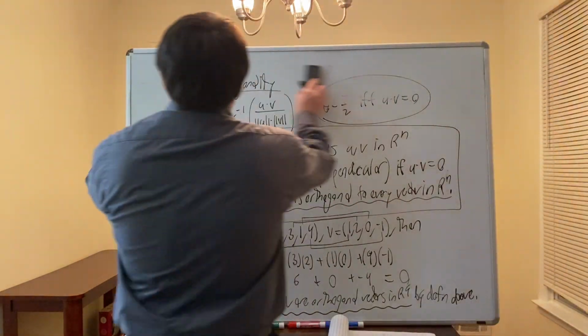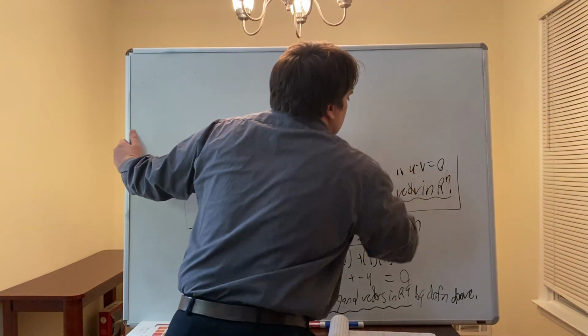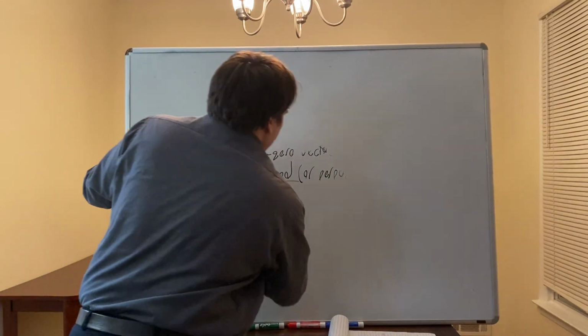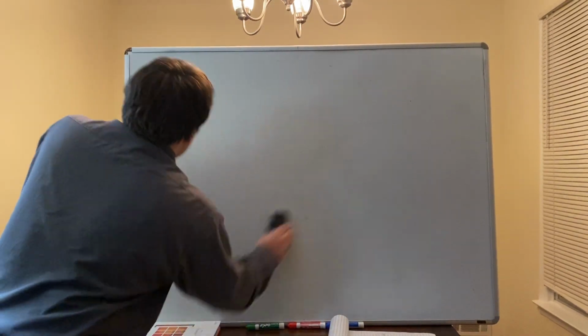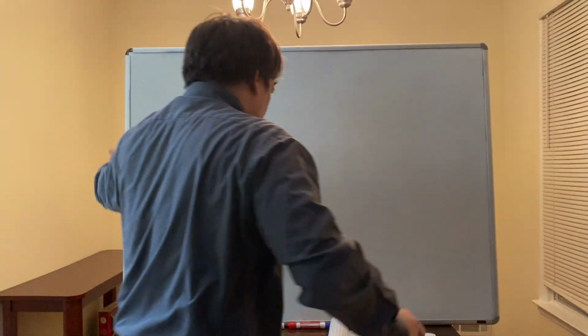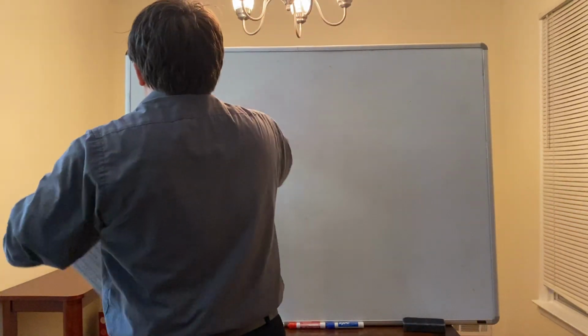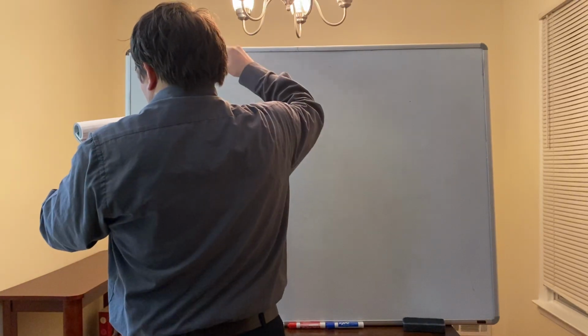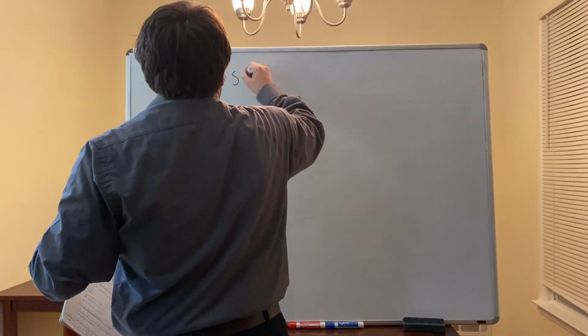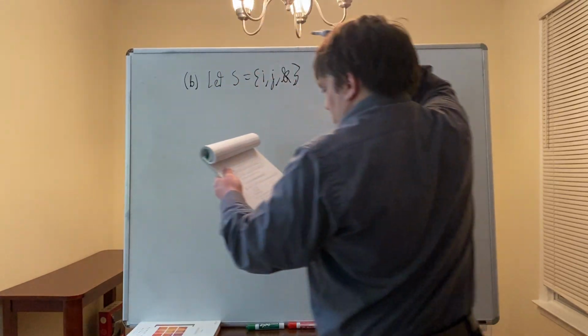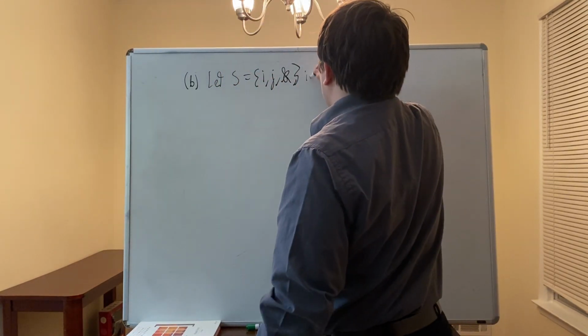That's part B. For part B, we're going to let S be the set i, j, k.